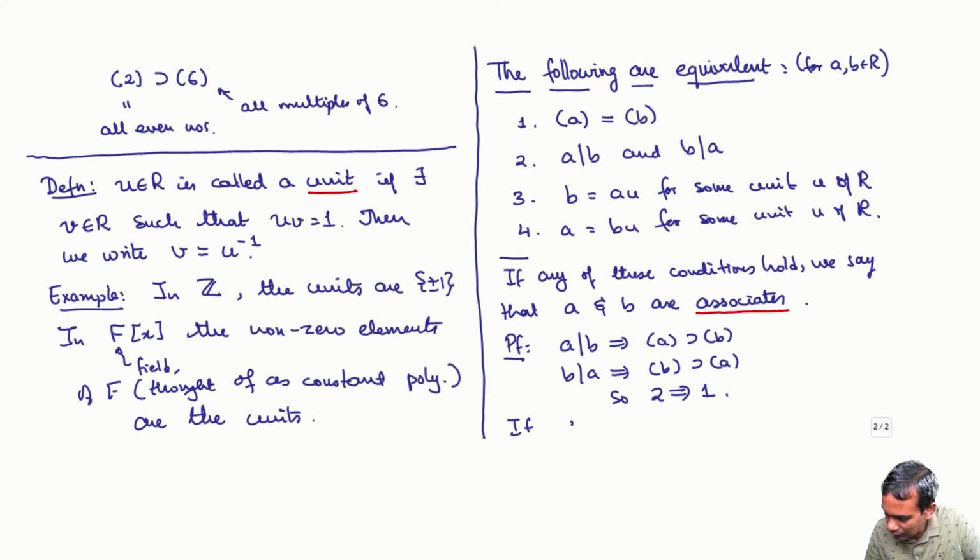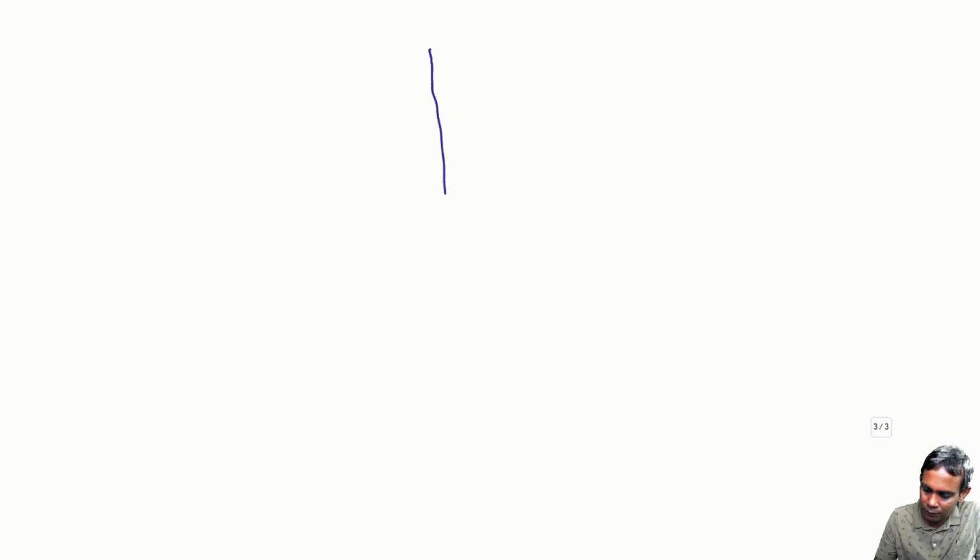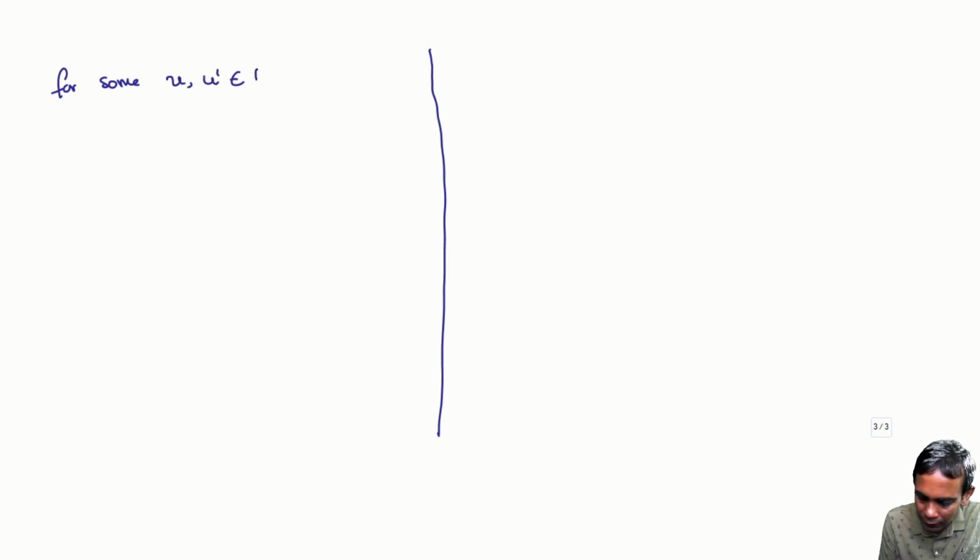So if A divides B, then B is equal to AU, and if B divides A, that implies that A is equal to BU prime for some elements U and U prime in R.